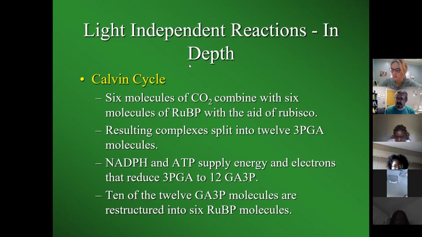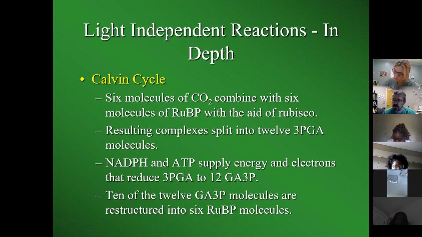So when you see a reduction here and you're going, how do you go from 3 to 12 and that's a reduction? It's because we're adding more electrons. The charge is increasingly negative. That's how I keep that straight.